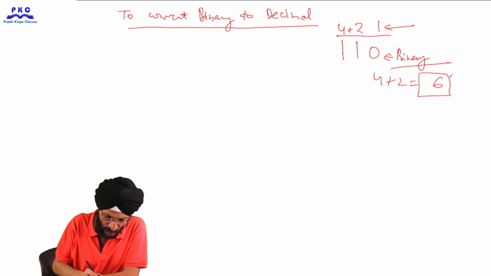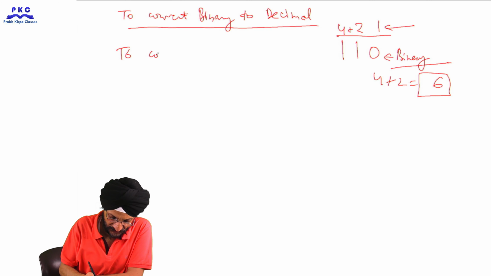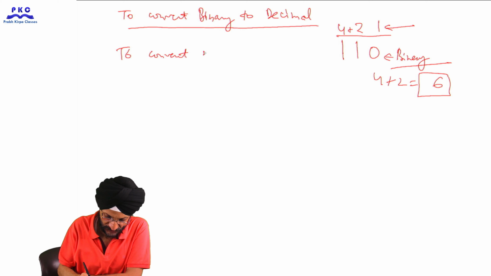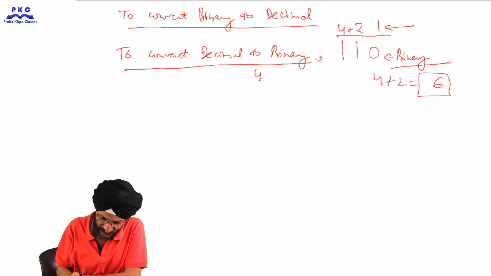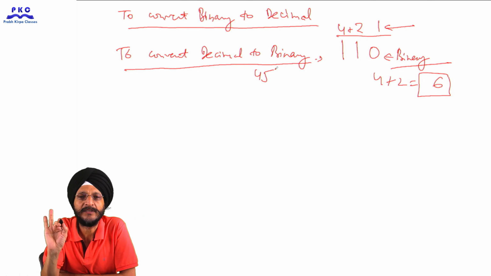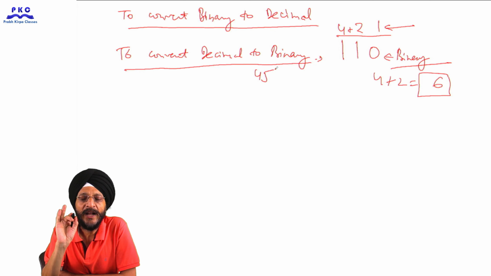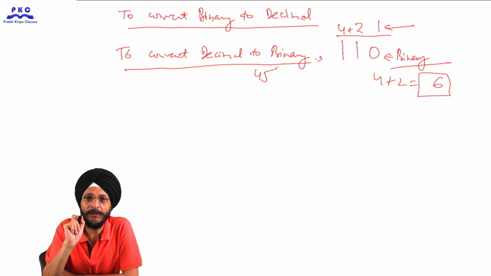Now, what is the method to convert decimal to binary? Suppose we have the number 45 and we have to convert it into a binary number. What will we do?